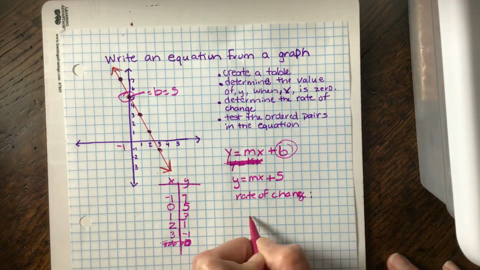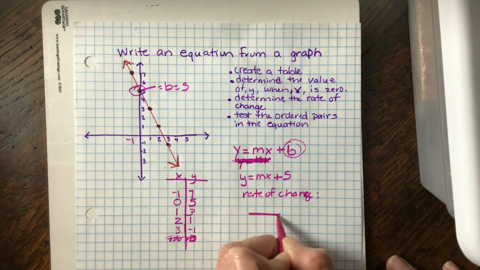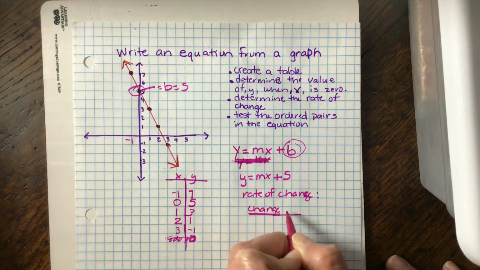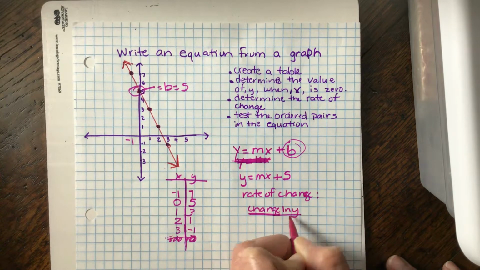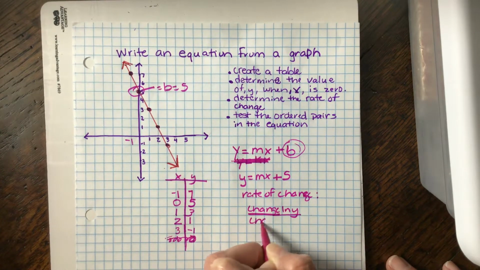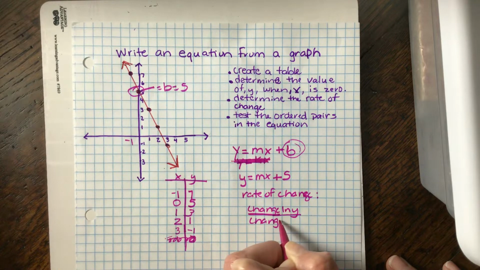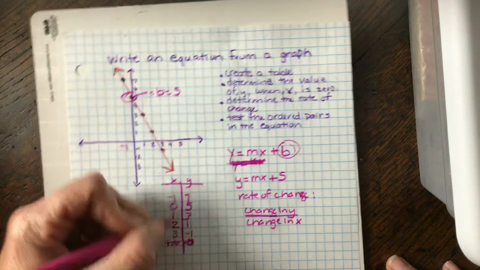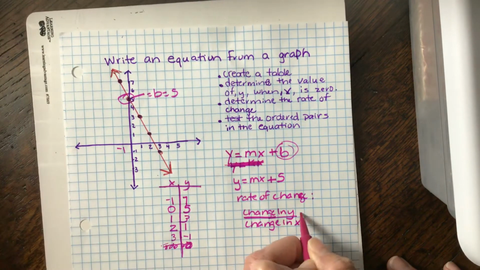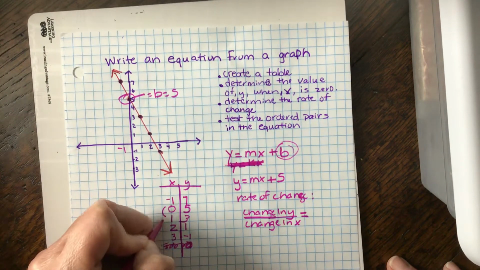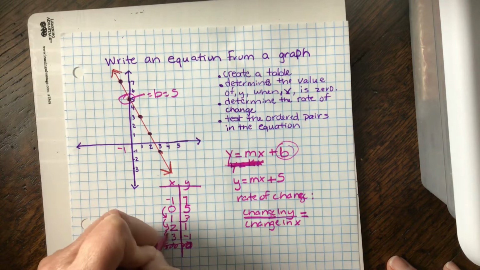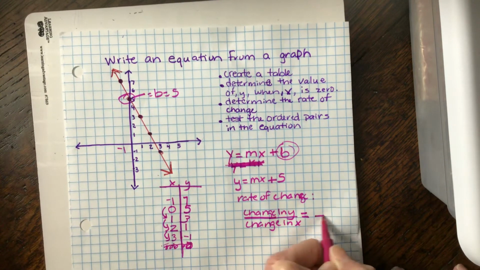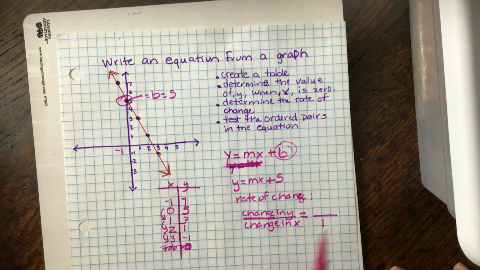Your rate of change is the ratio: you're comparing the change in y over the change in x. Each time, x is going up by how much? X is going up by 1. So that's your change in x, 1.